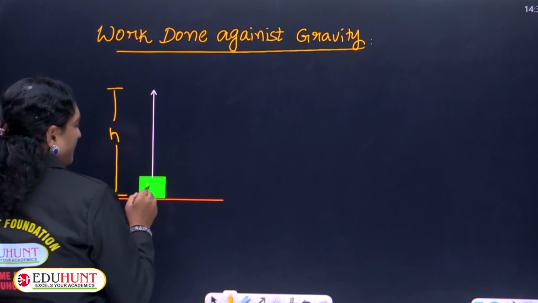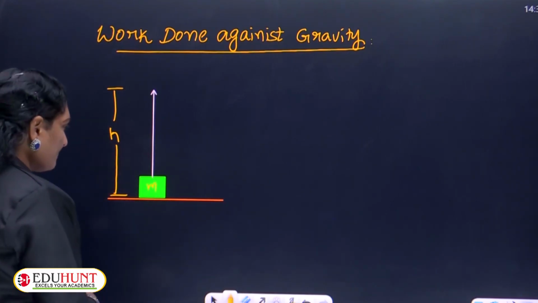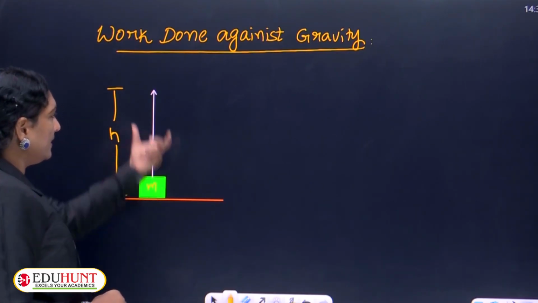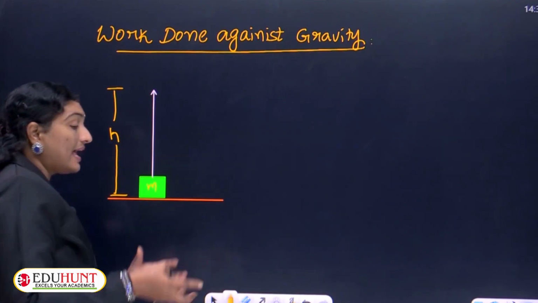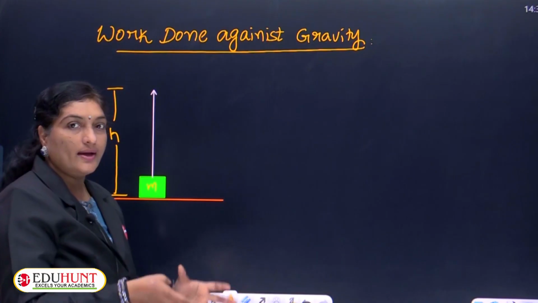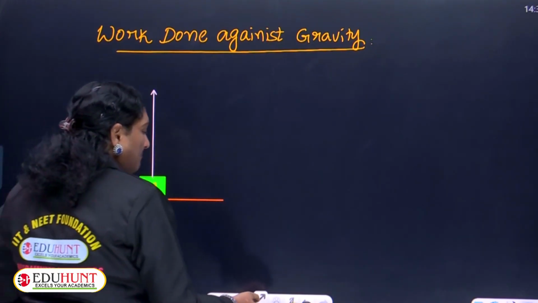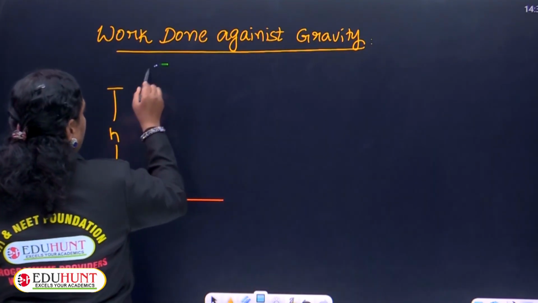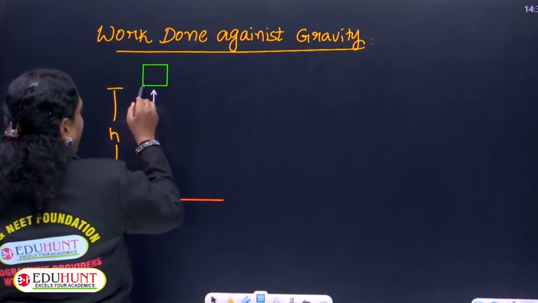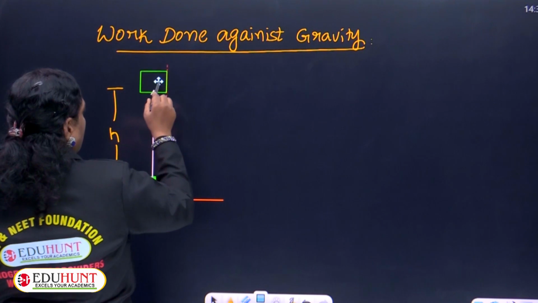As I said, the mass of the body is m and this body is lifted vertically upwards to a height h. The amount of force required to lift the body upwards is equal to the weight of the body.